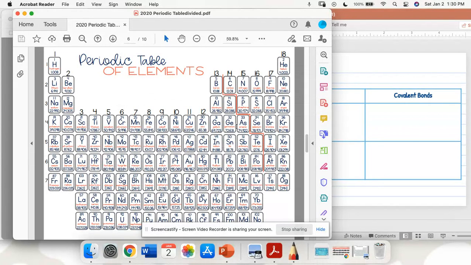Everything to the left of that stair step is considered a metal. Now, when you're thinking of a metal, I know you're thinking of steel and things that hold up buildings and very tough, hard structures or components of whatever material you're thinking about. Metals are different, have different properties.